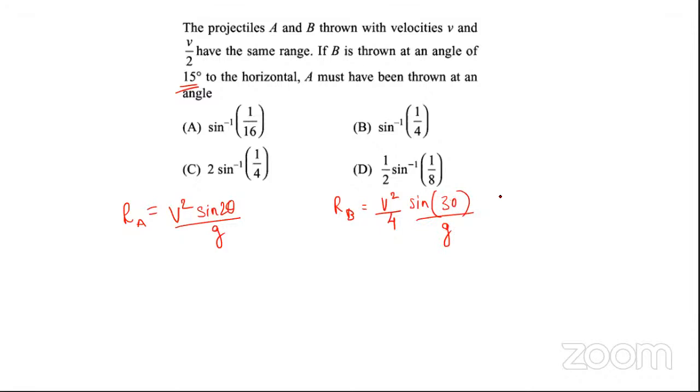Now sine 30 is 1 by 2, so this can be written as v square by 8g. Now you just have to equate both of them.